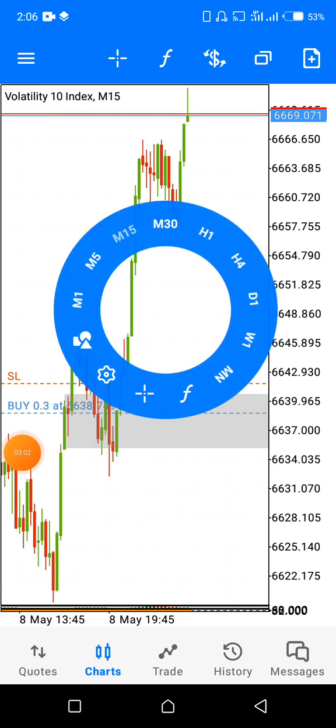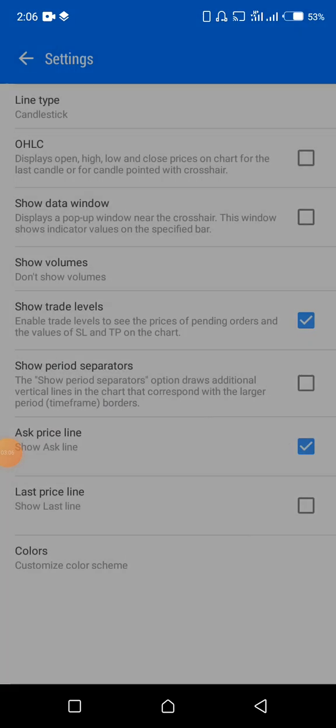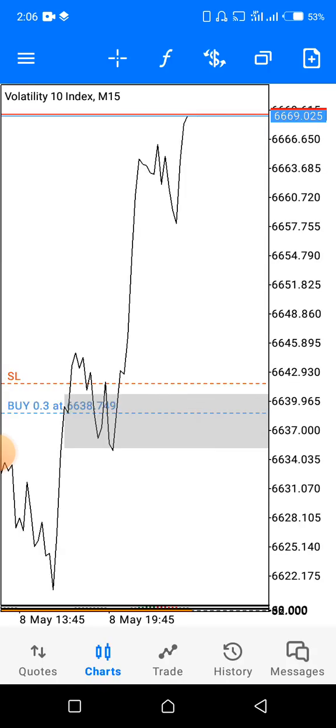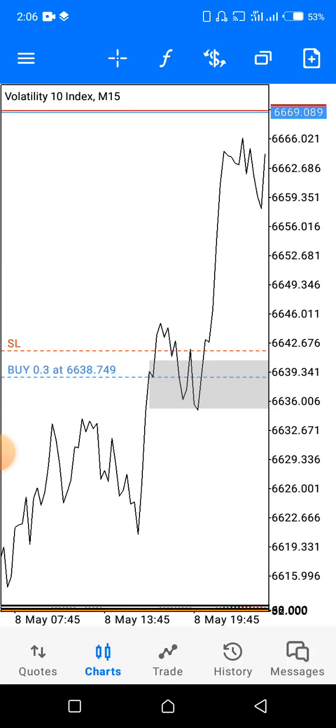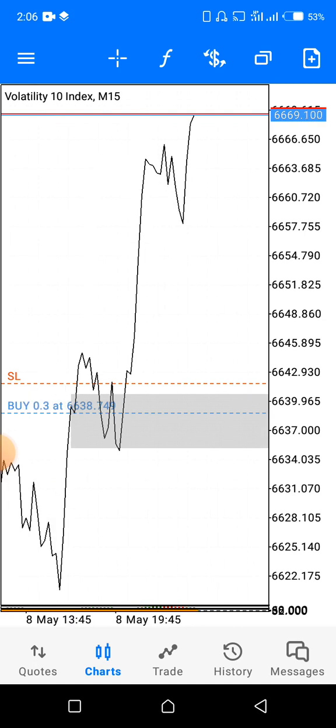If I can just change this chart to a line chart. Now, if you take a look at this, look at the order block. This is the demand zone. I waited for the market to come and tap into this place.